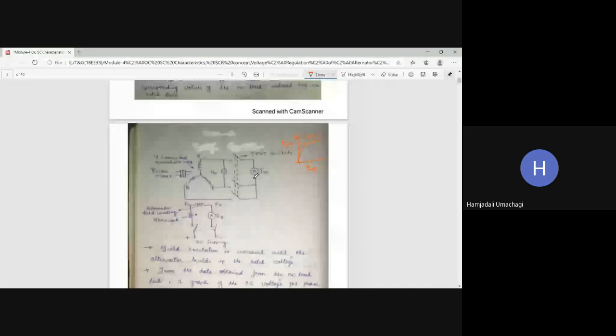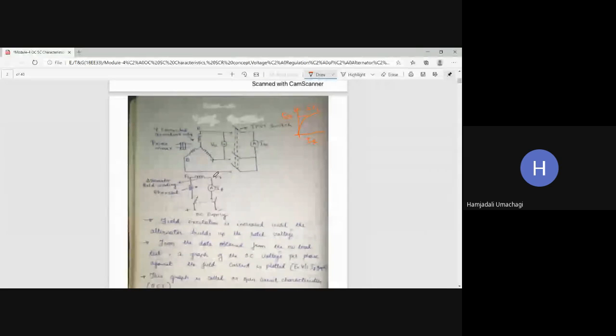But for the open circuit test, these three terminals should not be connected to the TPST switch, because it is an open circuit test, so this should be kept open. On the other side, you have the field winding. This is the armature winding of the alternator, and this is the field winding. To vary the field current, it can be changed by which element: resistance, capacitance or inductance?